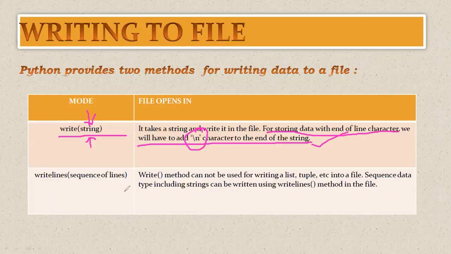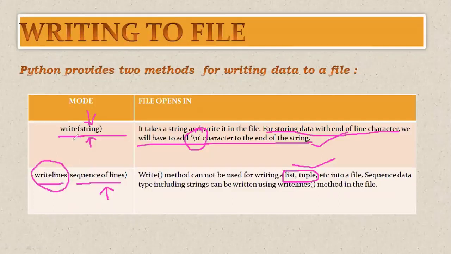The writelines function can be used to write an entire sequence. What is a sequence? We have seen sequence data types. Sequence data types are basically list, tuple, string, dictionary, etc. When we write sequence data types directly in a file, we have to use the writelines function.